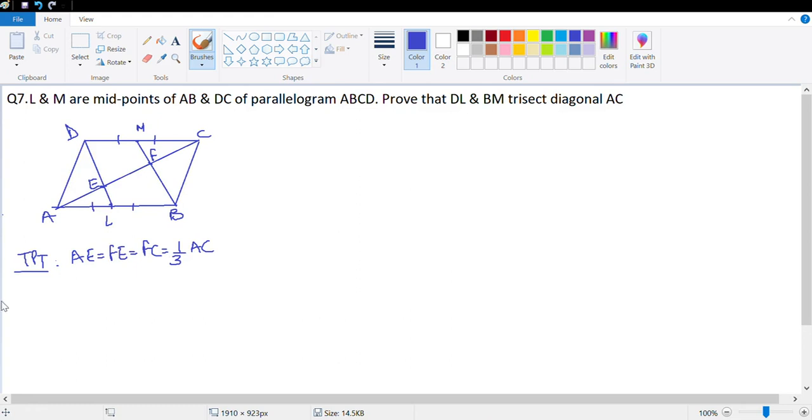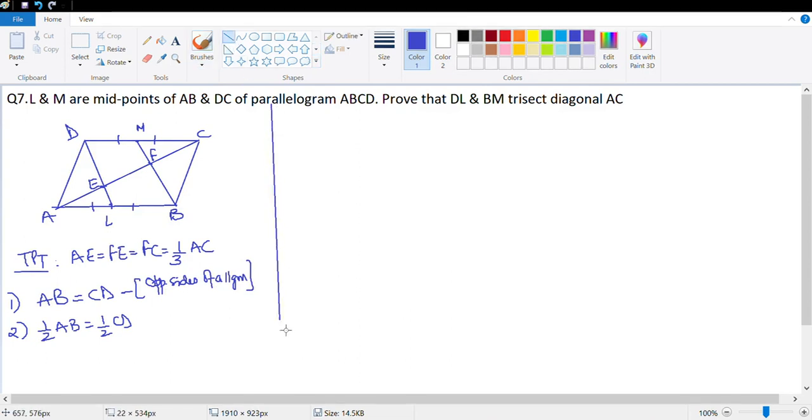What I know is, number one, AB is equal to CD. Number two, half AB is equal to half CD. Why is this? Opposite sides of a parallelogram are equal, so AB and CD will be equal.